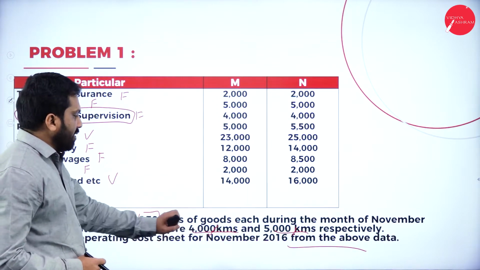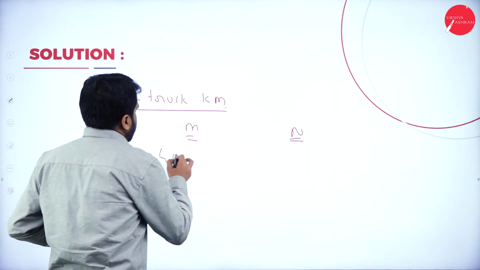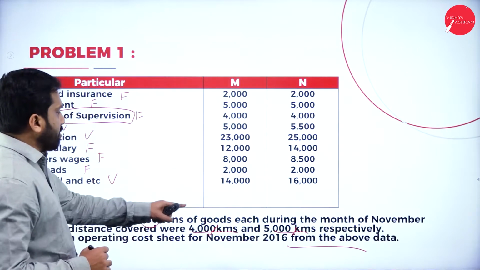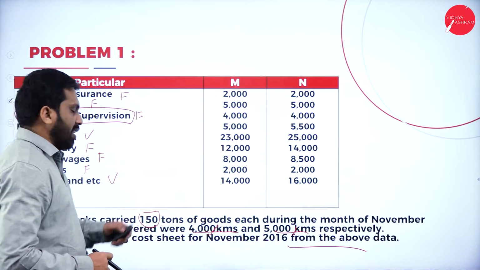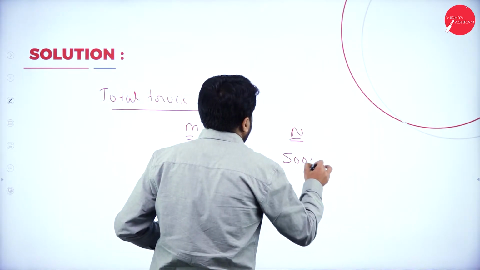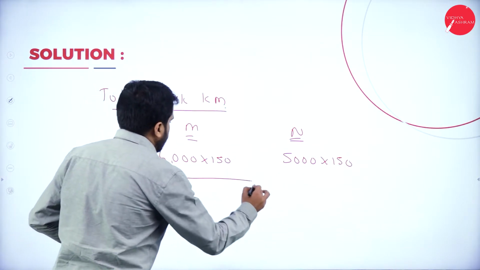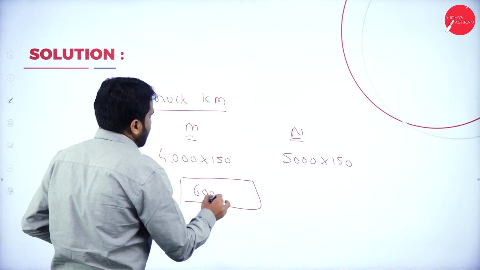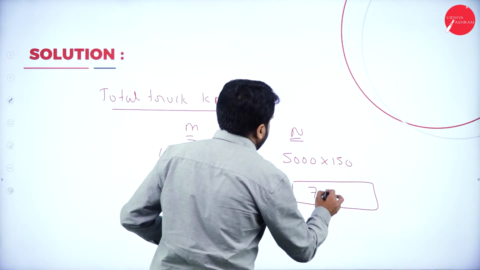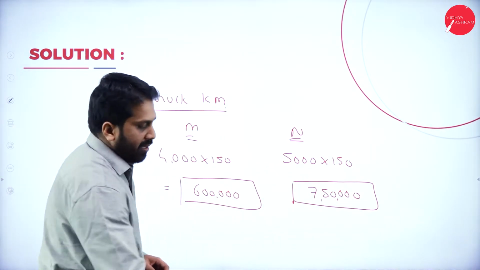We have 4,000 kilometers of 150 tons each. For N, 5,000 kilometers of 150 tons each. What will be your answer? You will get around 6 lakh and around 7,50,000. I'll cross check once.